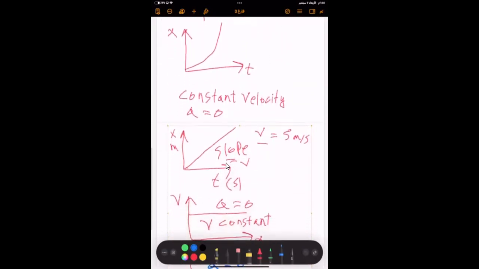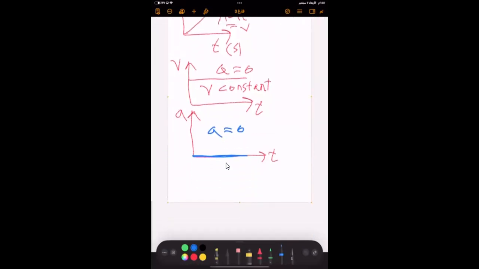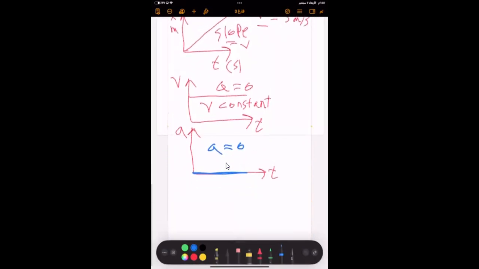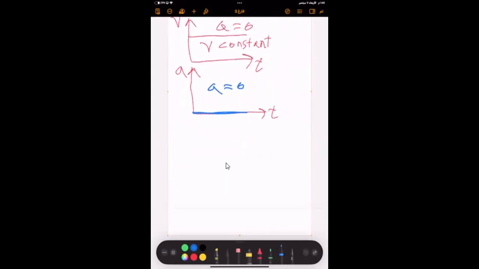Now, if the object is moving with a constant acceleration, we have equations to solve the problems. What are these equations?